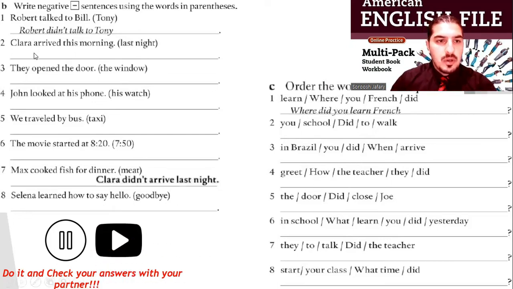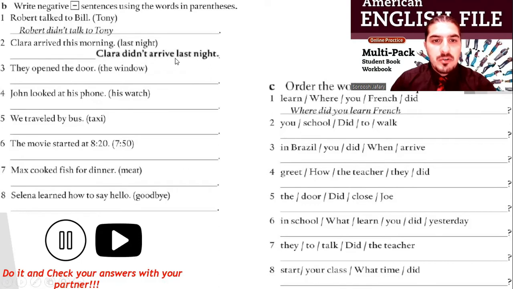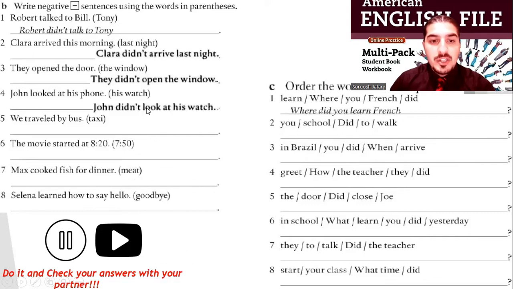Number two, Clara didn't arrive last night. Number three, they opened the door. They didn't open the window. Number four, John looked at his phone. John didn't look at his watch. We traveled by bus. We didn't travel by taxi.